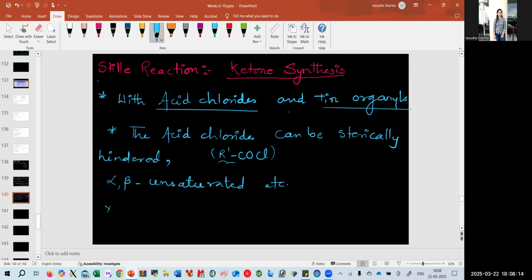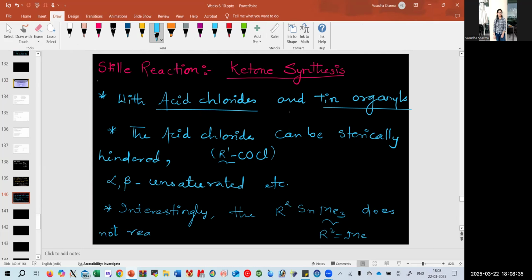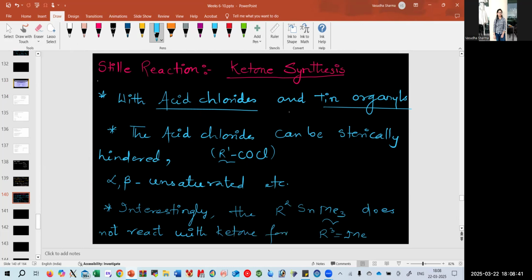It has a tolerance for that. Interestingly, it has been found that R2SnMe3, where we are replacing R3 with a methyl group, does not react with the ketone formed. So the ketone product is not going to react with your tin organyl, and you end up having your product with no side products happening.